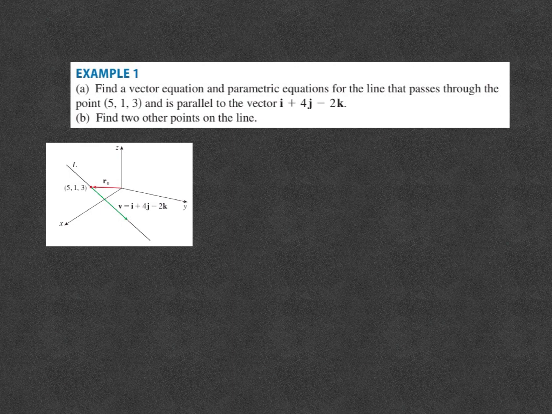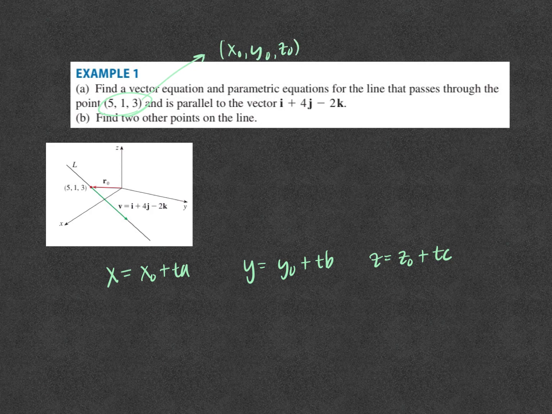So let's start off with writing our three parametric equations. Let's say x equals x sub o plus ta, y equals y sub o plus tb, and z equals z sub o plus tc. Now remember that my point right here is x sub o, y sub o, z sub o, and the direction vector is a, b, c.